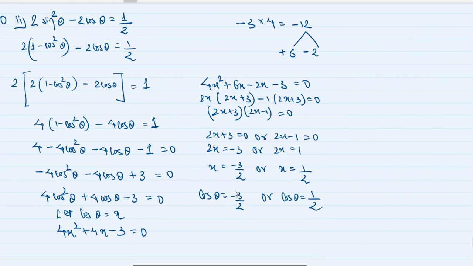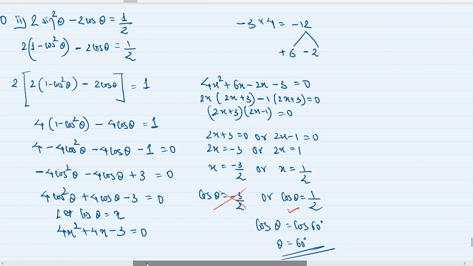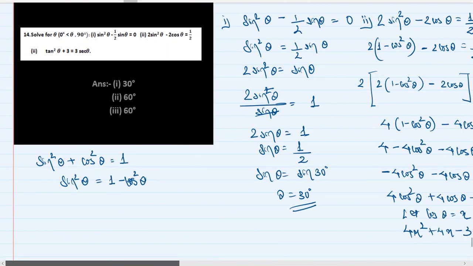So we will reject this value of cos theta and we will accept this value, right? So cos theta is equal to cos 60 and theta is equal to 60 degrees will be the solution of this second question. Yeah, so this was a little long because there is factorization involved and a little tricky.